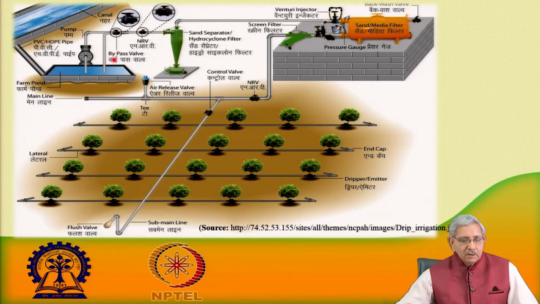Now, let us see from the figure a little more detail about these components. Water is to be taken from the source. This source can be river water, pond water, or any lake. Here we are seeing a canal which is flowing, and part of this water is brought to a pond, where it is held for a certain time so that the silt flowing along with the canal water can settle.